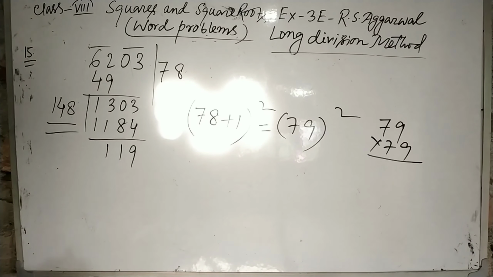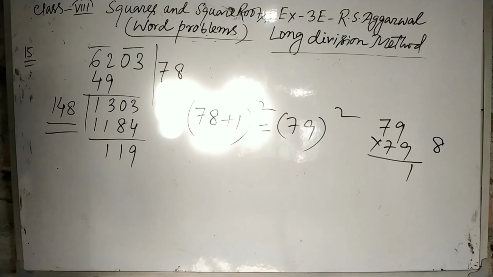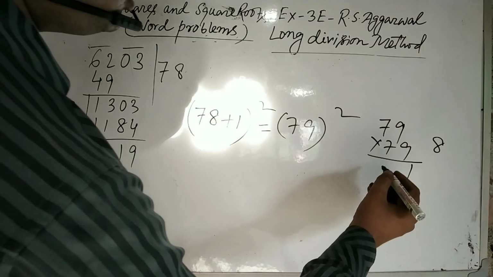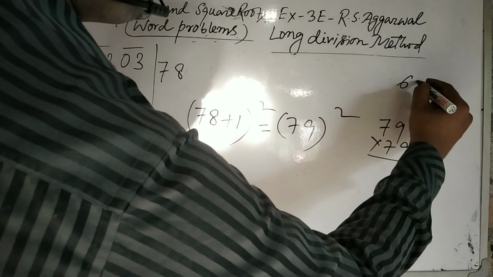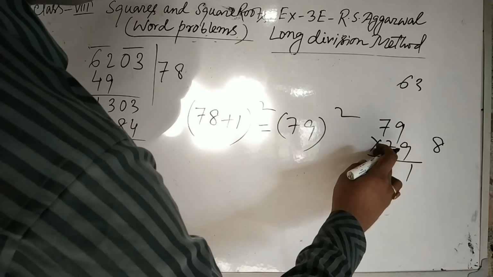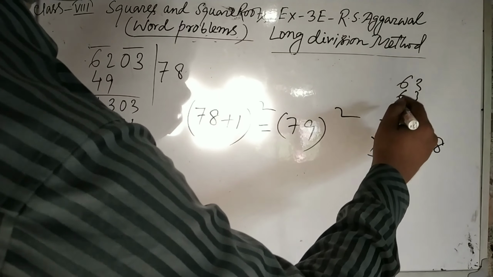9 nines are 81, 1, 8 in hand. Then 9 into 7, 63. 7 into 9, 63. That is 6. 6, 6, 12.